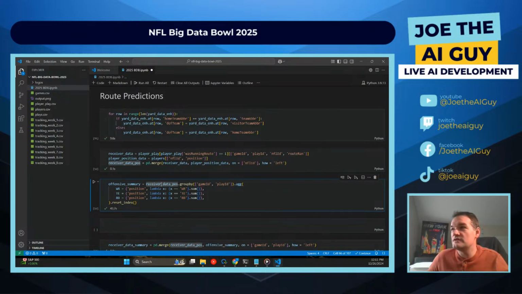Let me see if there is defender information on a given play. Does not look like it.